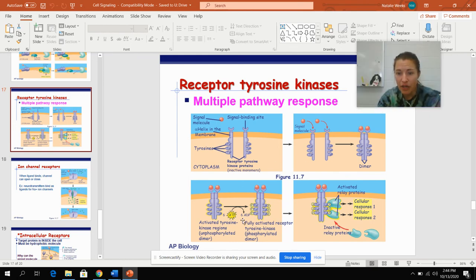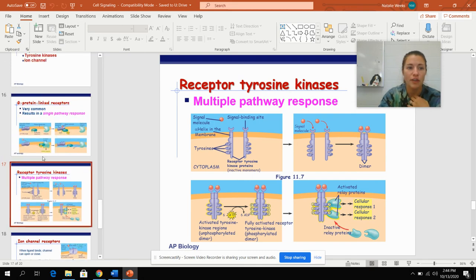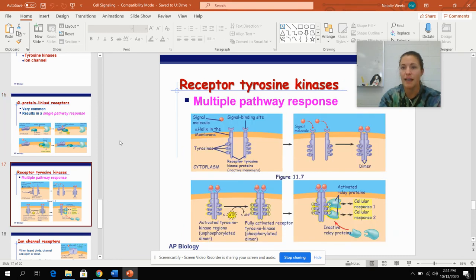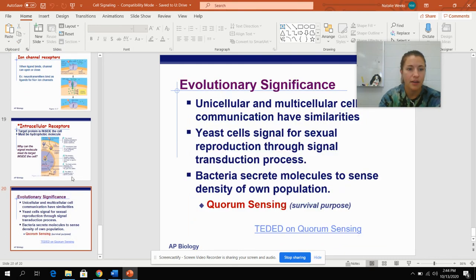And now if you're looking at all of this stuff down here, we have lots of different places where molecules can attach to begin a phosphorylation cascade. And we can actually get relay proteins doing two separate cellular responses from one signal molecule. So that's the difference. If we flip back, G protein: one ligand, one response. Tyrosine kinases: one ligand, two or more responses.